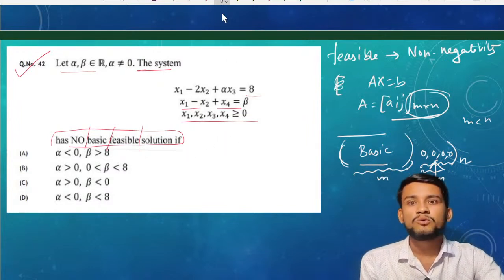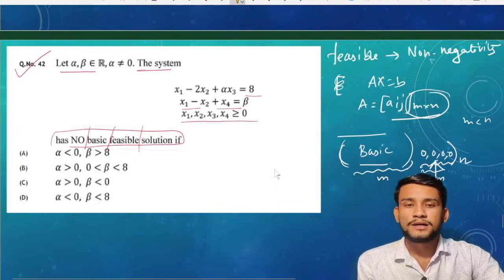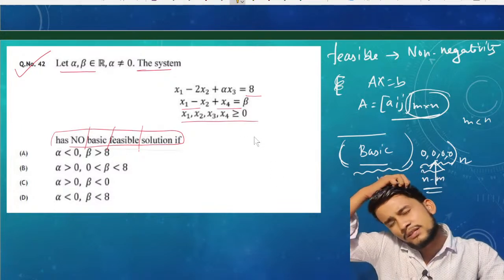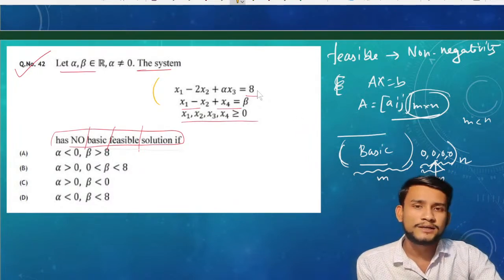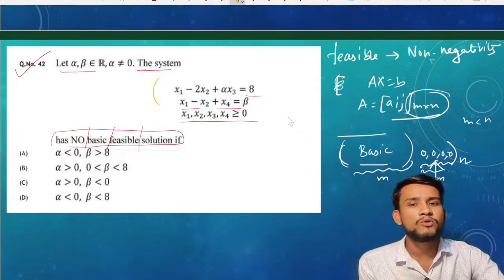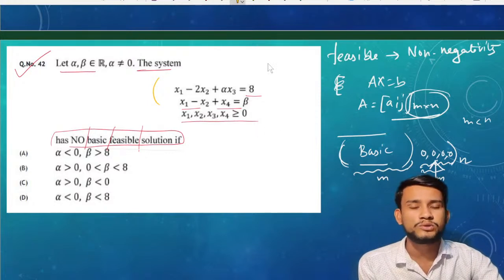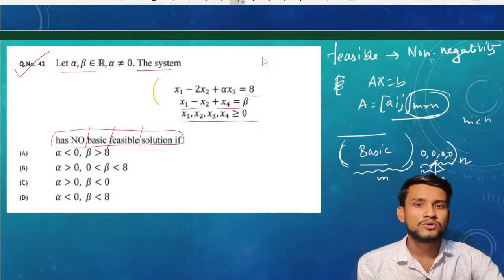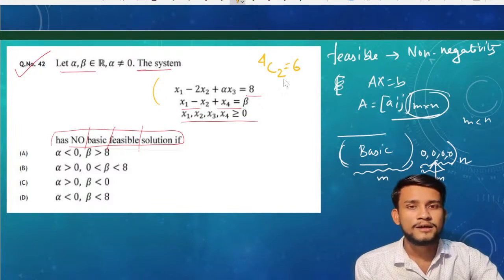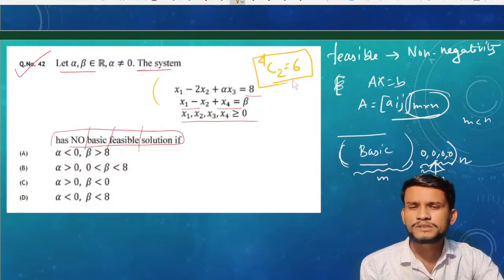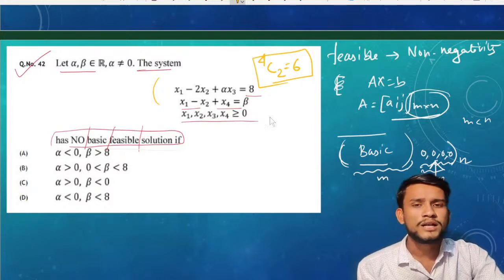Now one more thing: here it is given that there are 2 equations with 4 variables. So here we get 4C2, that is 6, a total of 6 possibilities to get solutions.